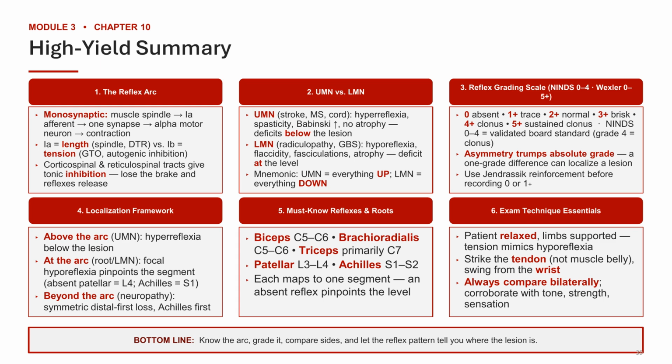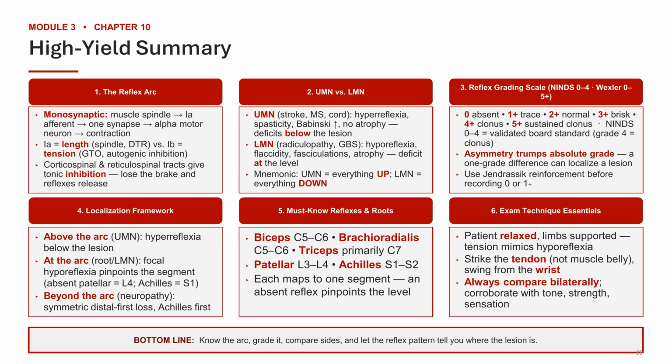5. The reflexes and their roots. Biceps C5 to C6, brachioradialis C5 to C6, triceps primarily C7, patellar L3 to L4, Achilles S1 to S2. 6. Technique. Patient relaxed and supported.